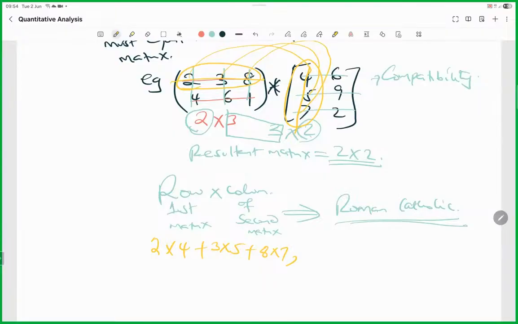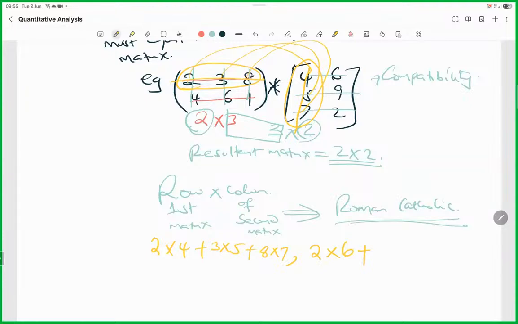Now remember that this row will not get tired until it multiplies all the columns of the second matrix. It has multiplied the first column. Let it multiply the second column. Second column here will be 2 times what here? 2 times, first ones, plus second ones.